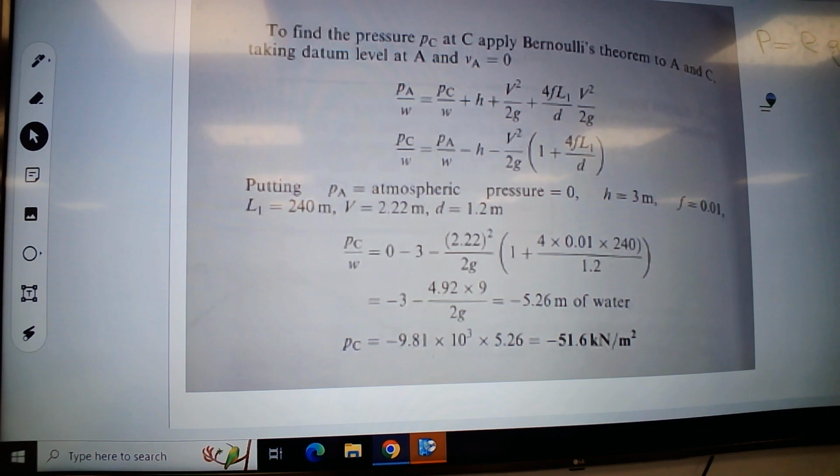Rho is the density of water, which is 1000, multiplied by g, which is 9.81, and the height of the water is 5.26, or minus 5.26. When we put that in, we will get an answer of 51.6 kilonewtons per square meter, kilopascals. Now, what about the negative?